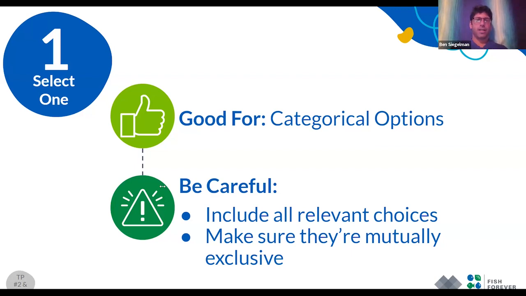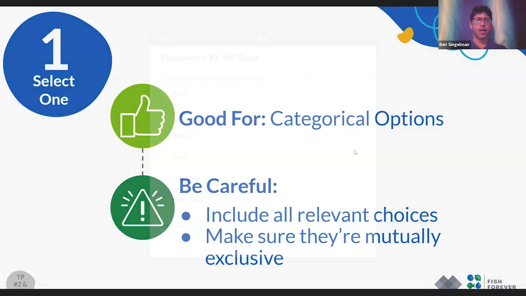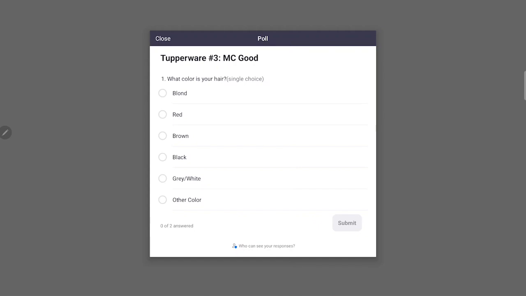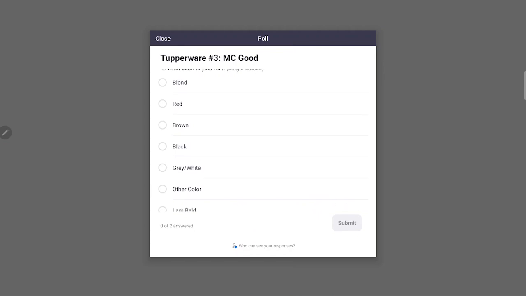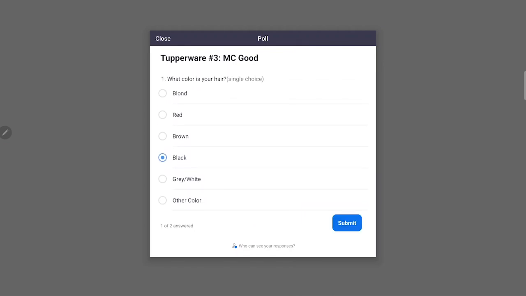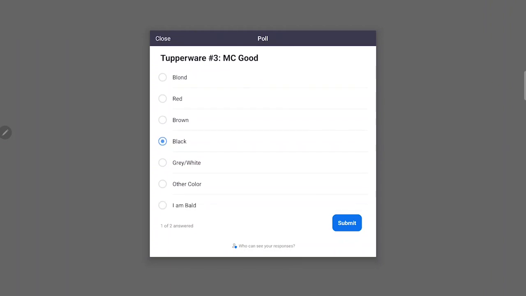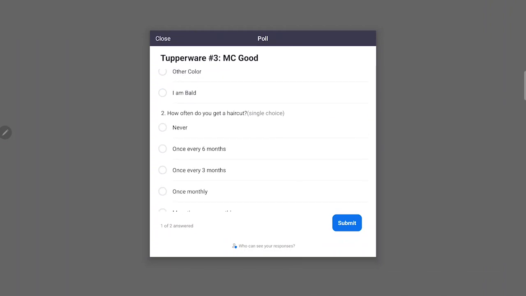A better example would be the next example that Danny will put up, which gives more options, right? It has options for different colors, it has options for people who don't have hair, and it has an other option for anyone who doesn't fit into these categories.